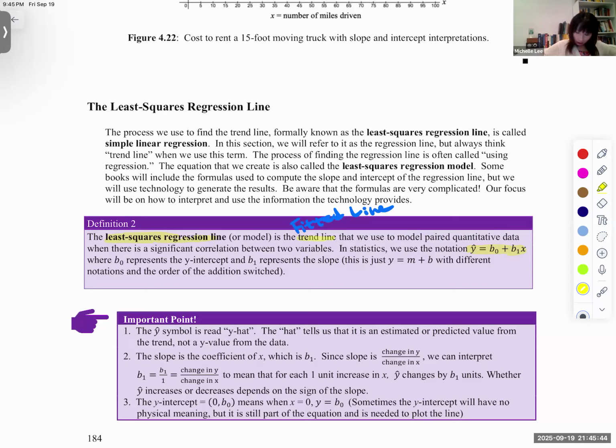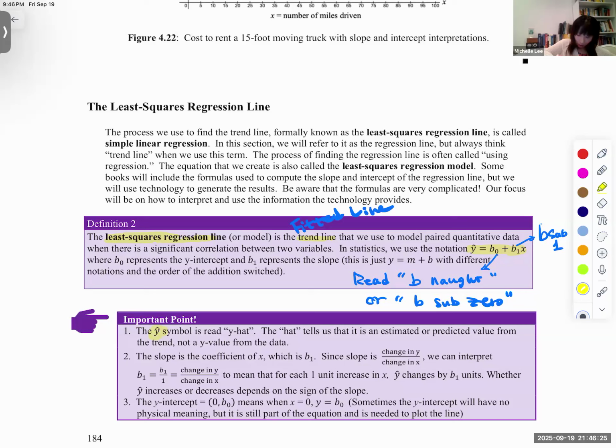Look, we call this one b naught, read as b naught or b sub 0 subscript. We know that. And then we call this b sub 1. We read y with this symbol as y hat.